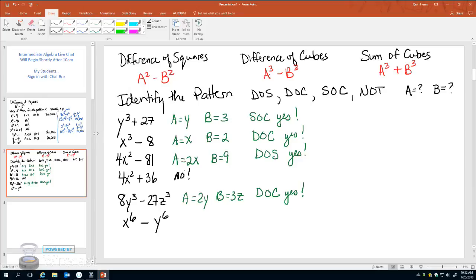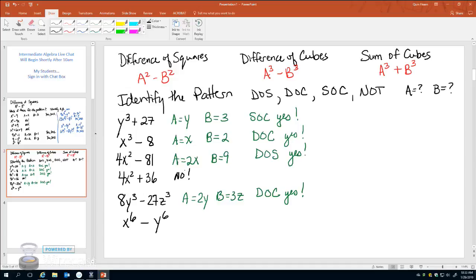Okay, so in this case, we definitely have two terms, so we have a binomial. It's either going to fit a difference of cubes or a difference of squares because it's subtraction. All right, so let's start with trying to see if it can fit the pattern of a difference of squares.